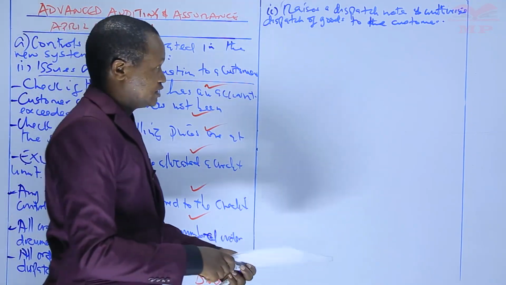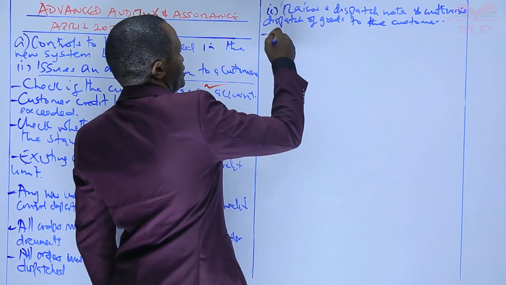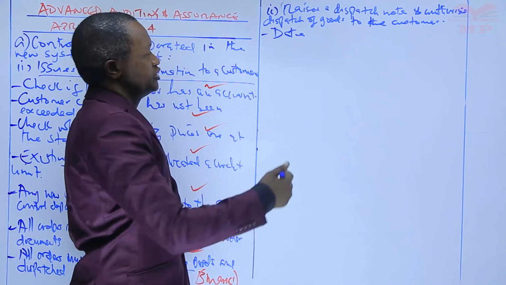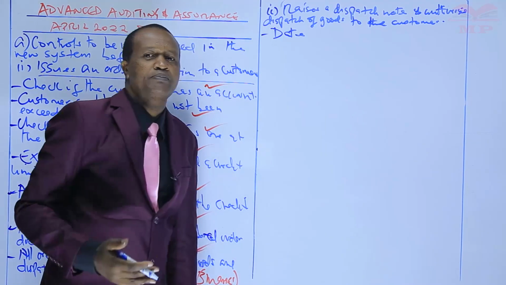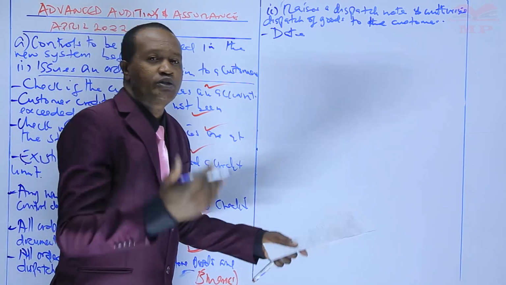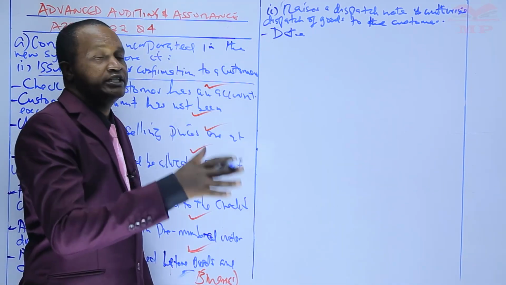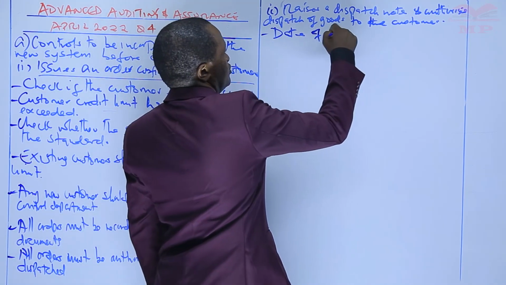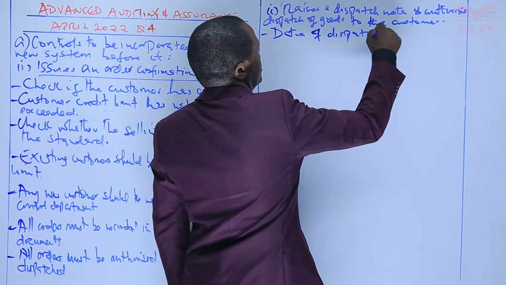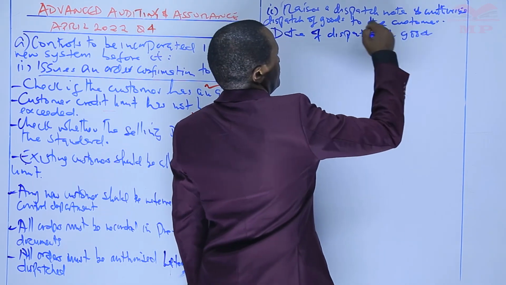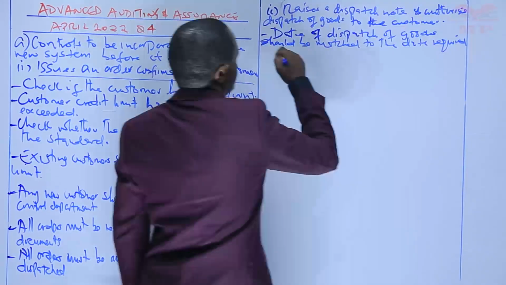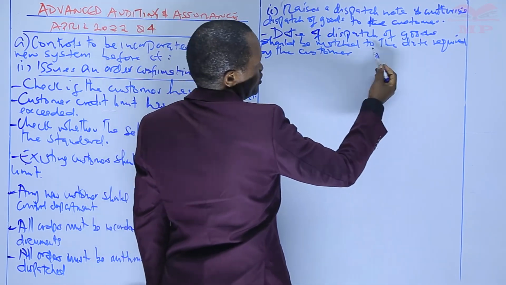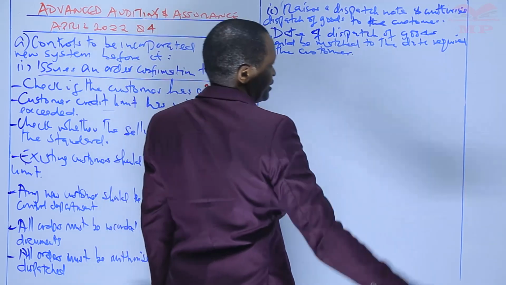The first one is in relation to the date of dispatch. The date of dispatch of the goods should be checked to the date required by the customer.